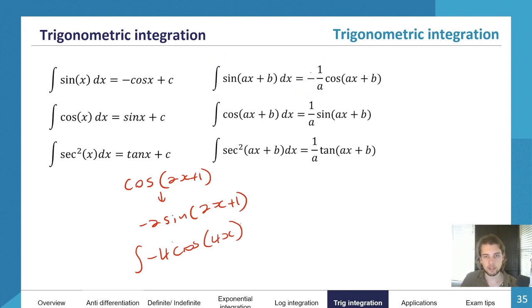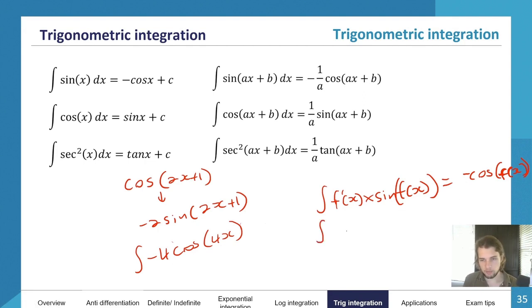So this is a more generalized formula that is able to handle a linear function inside. Generally the formula would look like: the integral of f'(x) multiplied by sine f(x) would be equal to minus cos f(x). And that's our general understanding.